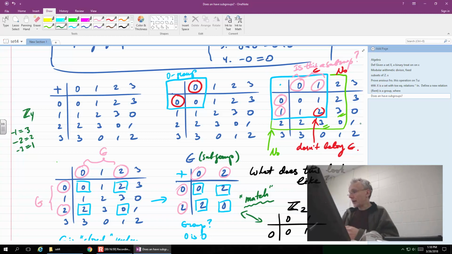So Z4 contains Z2. Okay, so that was our conclusion. But what does it mean that it doesn't have anything else? Well, it sort of contains another copy of Z2, and it's just harder to see. So then Z4 is made of 2 copies of Z2.